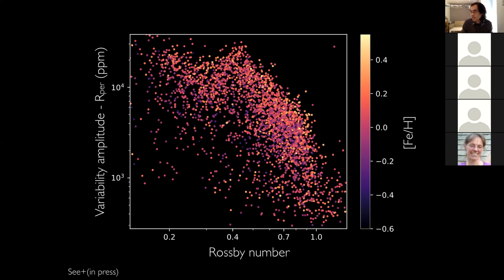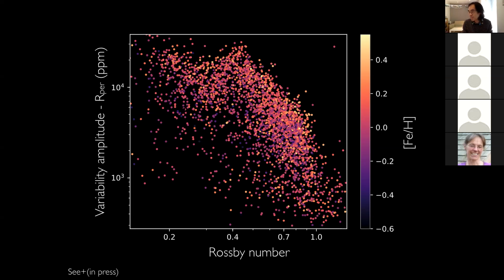And then the last thing I'll mention is that if you look at this figure very carefully, you can see that there's a slight metallicity gradient even at constant Rossby number. So the points at the top of this trend are slightly more metal rich than the ones at the bottom. It's only very slight, but if the Rossby number was the perfect parameter to parameterize magnetic activity, you should expect no metallicity dependence left over, because we've accounted for that in our calculation of the turnover time.